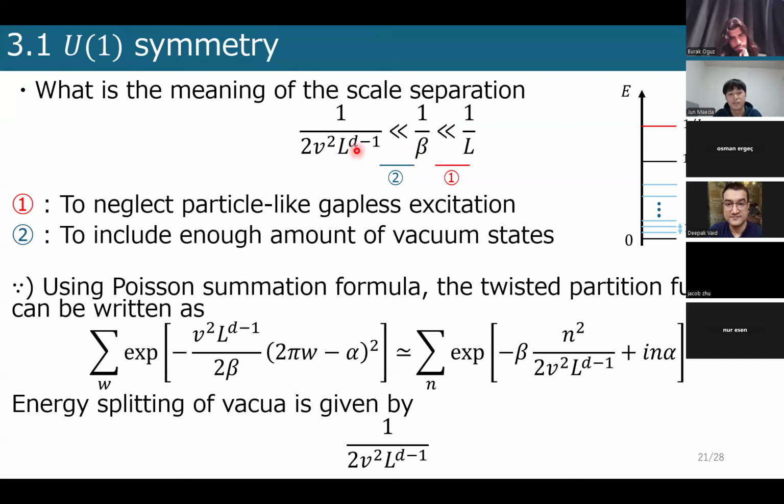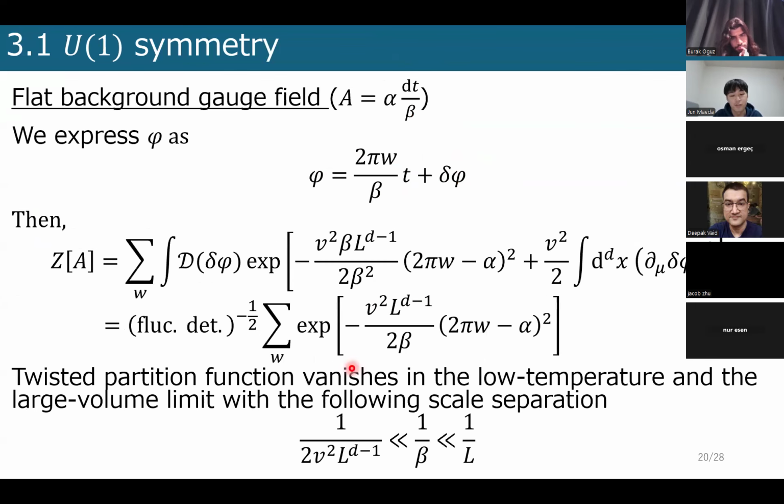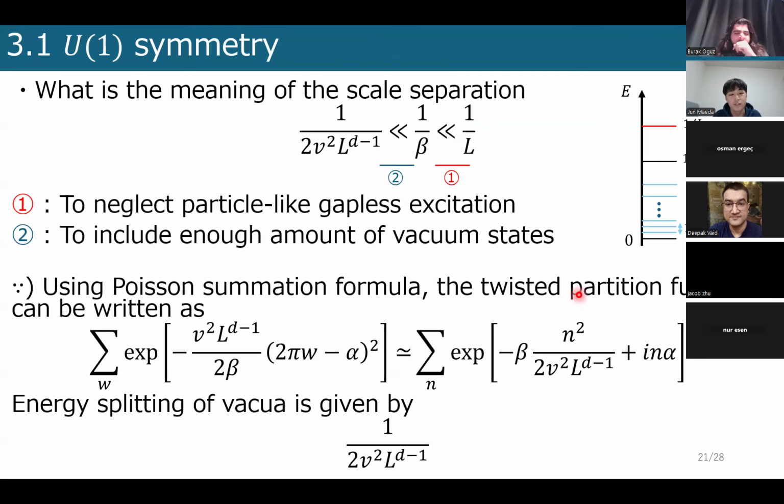So this is the physical meaning of the scale separation, and if this relation is satisfied, then the twisted partition function vanishes in the large volume limit and the low temperature limit. So this is the flat field case.